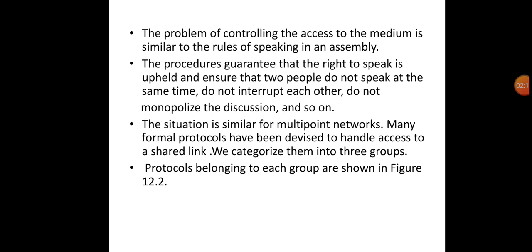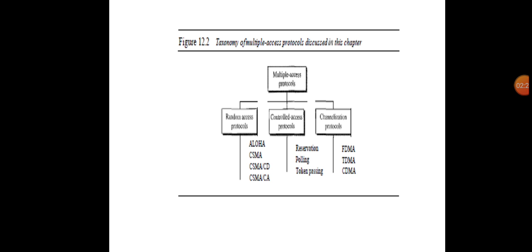Many formal protocols have been devised to handle access to a shared link. We categorize them into three groups. This figure shows the taxonomy of multiple access protocols discussed in this chapter. Multiple access protocols are categorized in three ways.